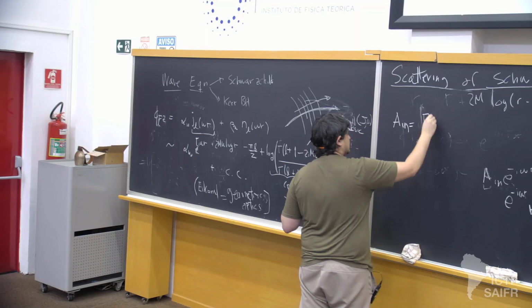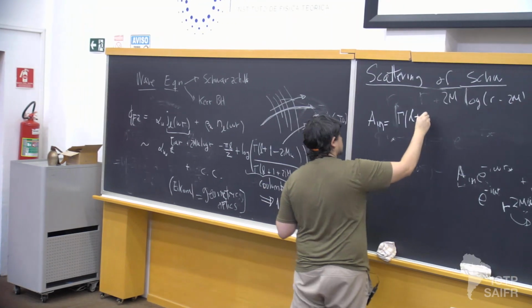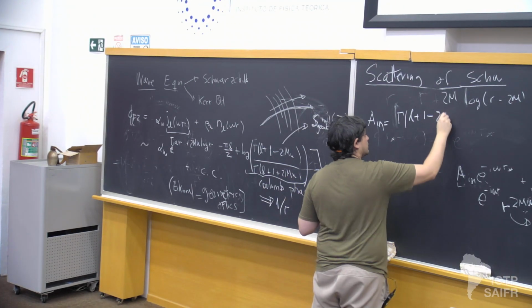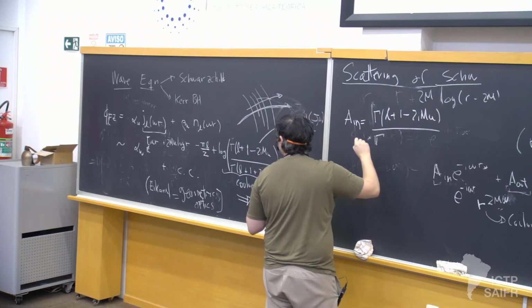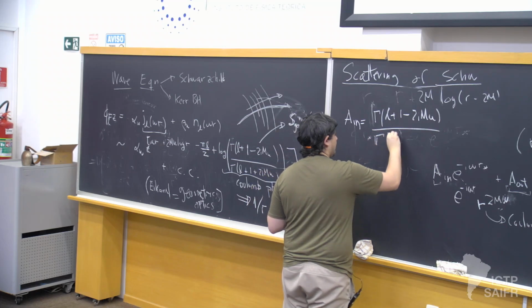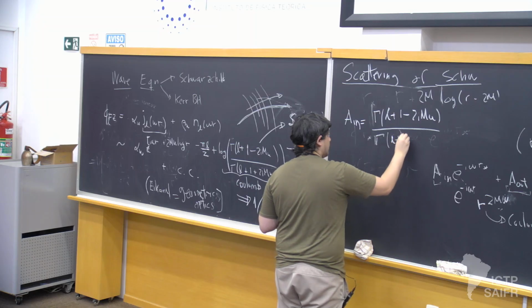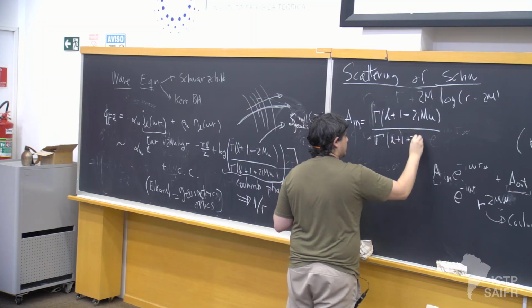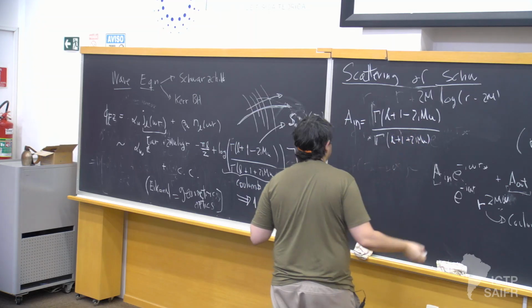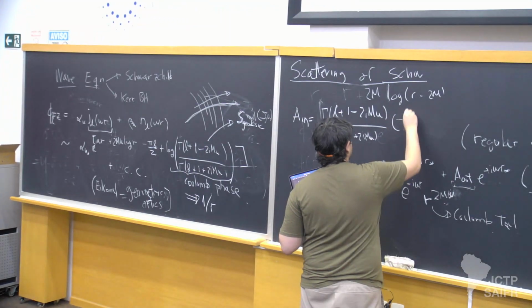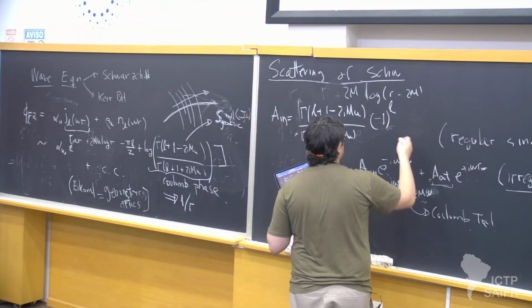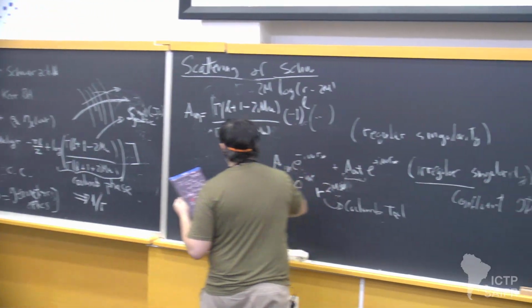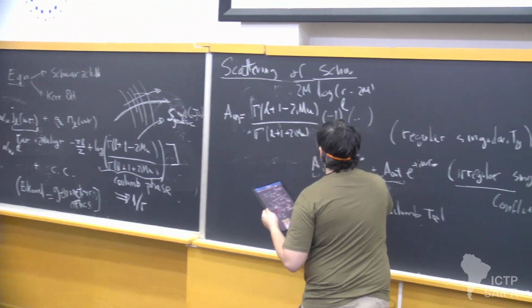So I'm just going to say L plus 1 to the A omega. And then there is a phase that's minus 1 to the L. And then there are some other prefactors.